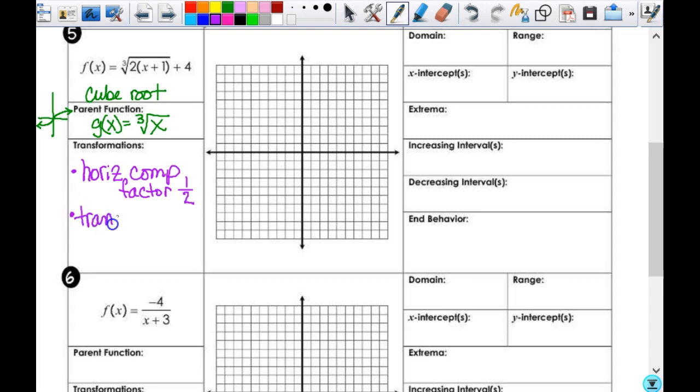So I'm going to translate. So my anchor points: 0, 0, my 1, 1, my negative 1, negative 1. Then my other point in the first quadrant, 8, 2, and that means over here it's negative 8, 2.